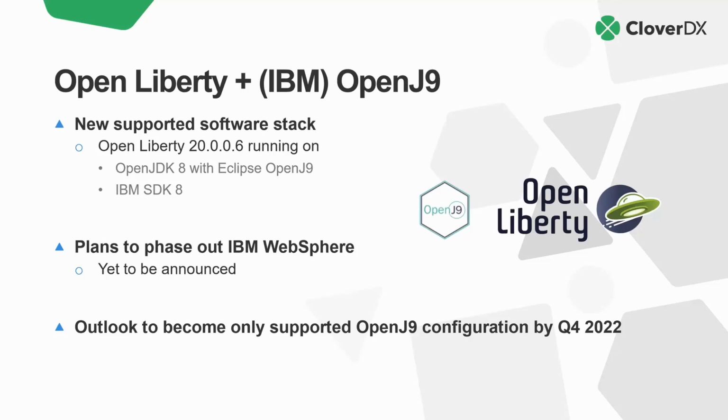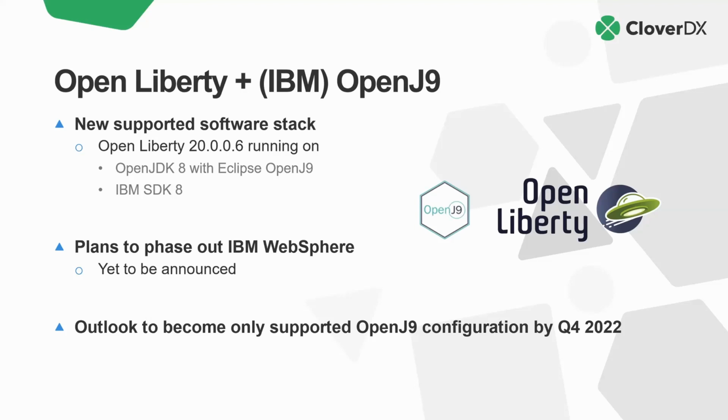Now, I was talking about OpenLiberty at the very beginning. So that's our new deployment platform. More specifically, we are not on the latest version. We are on the version of 20.006. And you can use 2 Javas with this particular server.